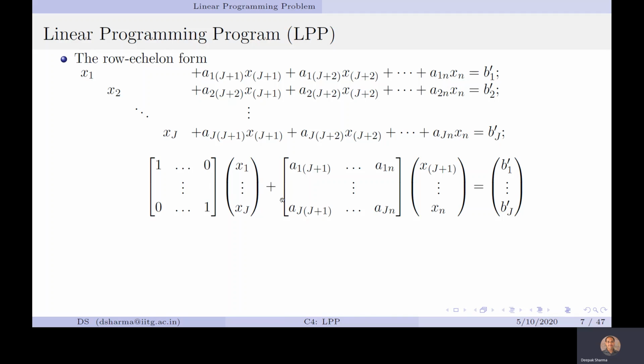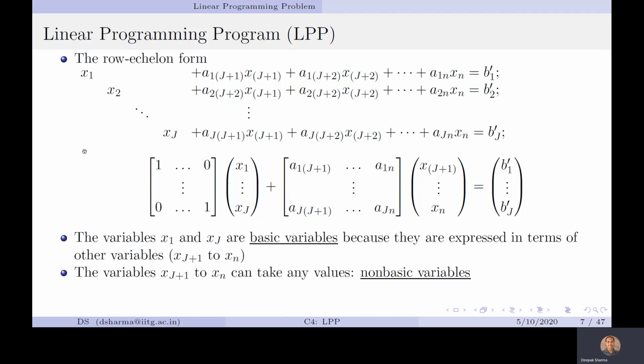Then we add a coefficient matrix, which contains a1 j plus 1 to a1n, and similarly at the last row aj j plus 1 to ajn. This coefficient matrix is multiplied with the corresponding variables starting from x j plus 1 to xn, and equals the right hand side, which is written in vector form, as a column vector.